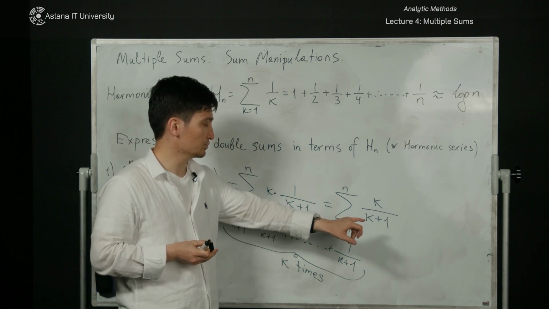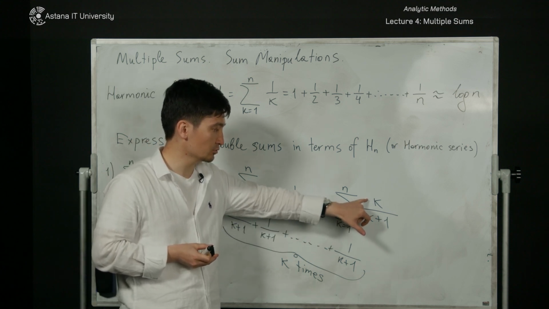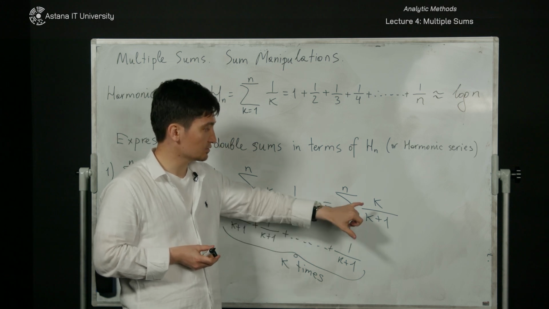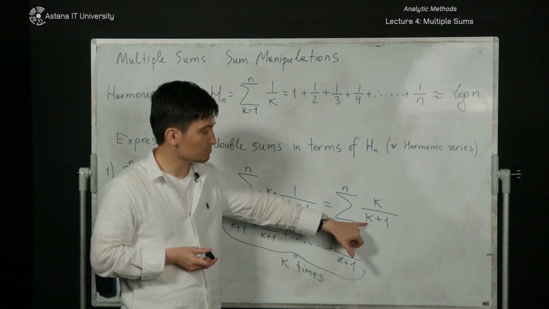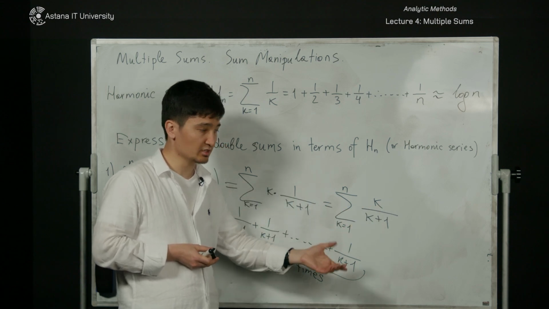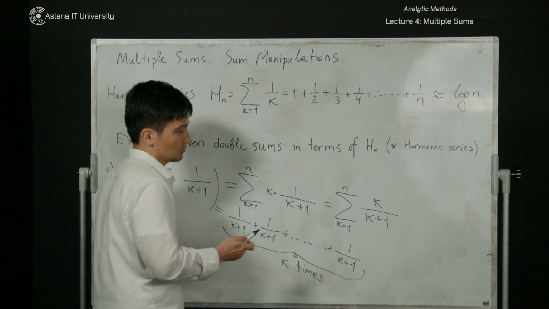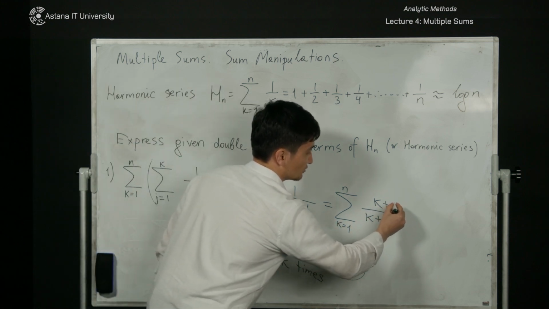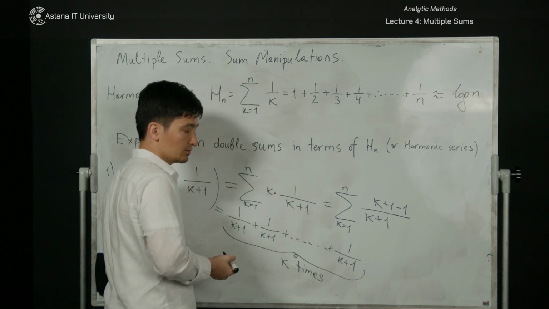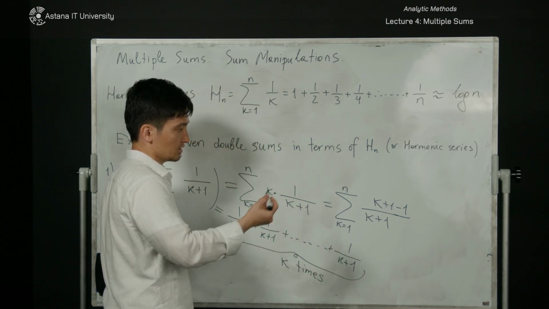I want to make the denominator and numerator the same. To make it the same, what is missing over here is 1, right? So to get 1, all I can do is just add 1 and subtract 1, right?